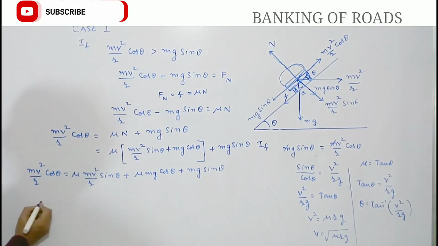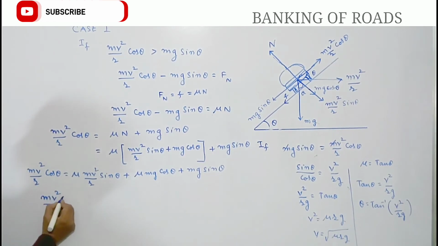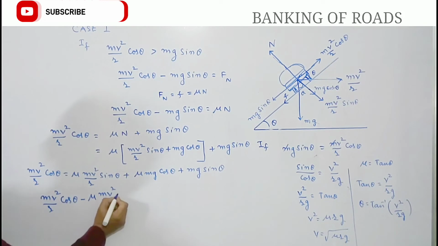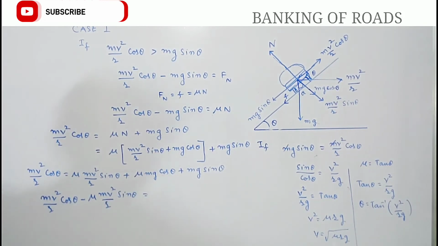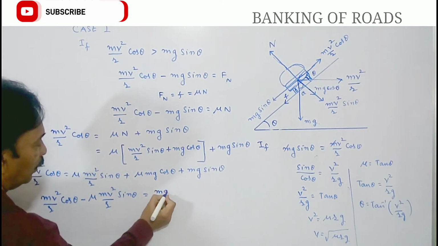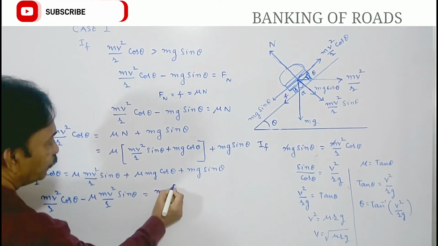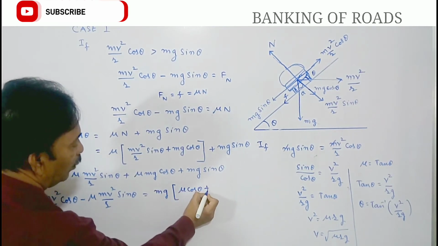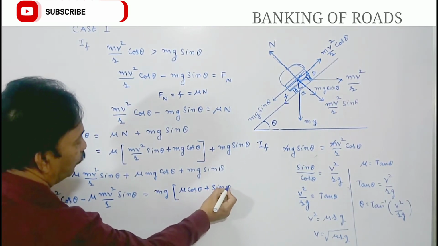Okay, students, I am bringing the mv square by r terms to this side. Then what do I get? mv square by r into cos theta minus mu of mv square by r sin theta is equal to mg, I'm taking as common, of mu cos theta plus sin theta.